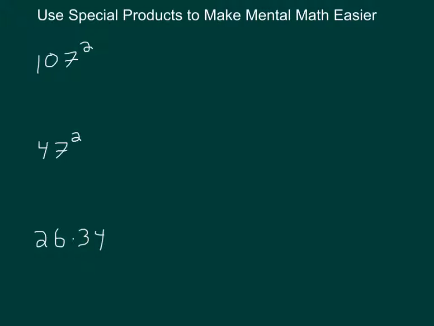Think about 107. If I wanted, I could write that as 100 plus 7. And now when I square that, I can recognize that this is a special product, a plus b squared, where 100 is my a and 7 is my b.